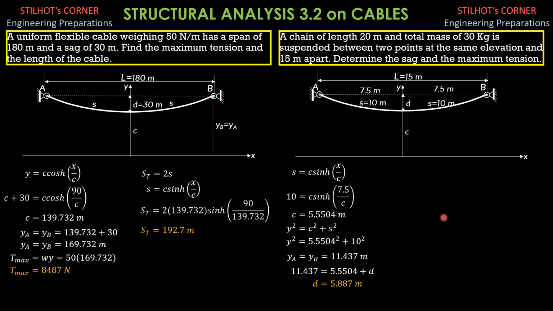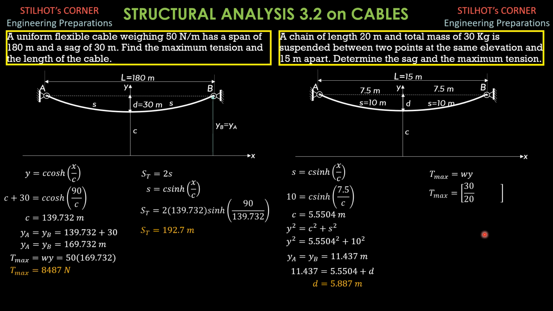Then for the maximum tension, Tmax equals W times Y, where Y is YA or YB, and Y is 11.47 meters. W is total mass, 30 kilograms divided by 20, so 1.5 kilograms per meter. Then we multiply that further by 9.81 newtons per kilogram.